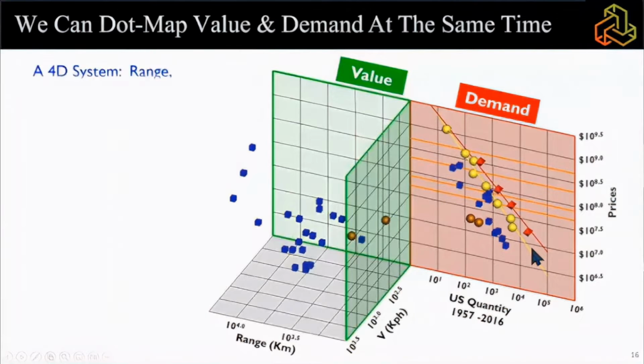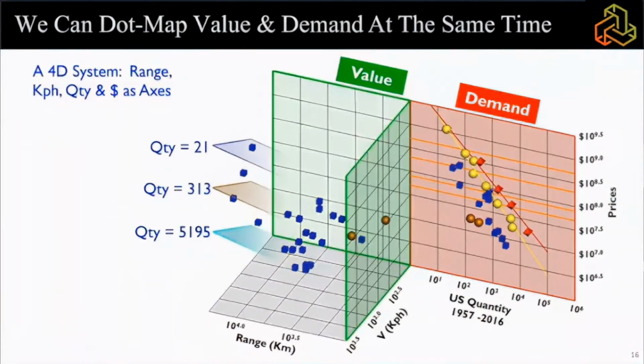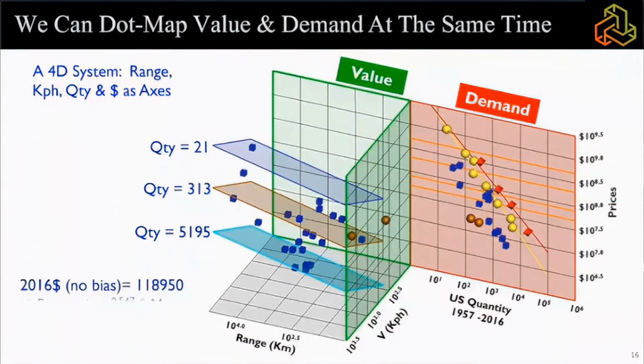And if we plot this, we find that we get a 4D system that describes value in terms of the constant, the range, the max speed in kilometers per hour, and then there's a quantity term that has a very steep coefficient on that.